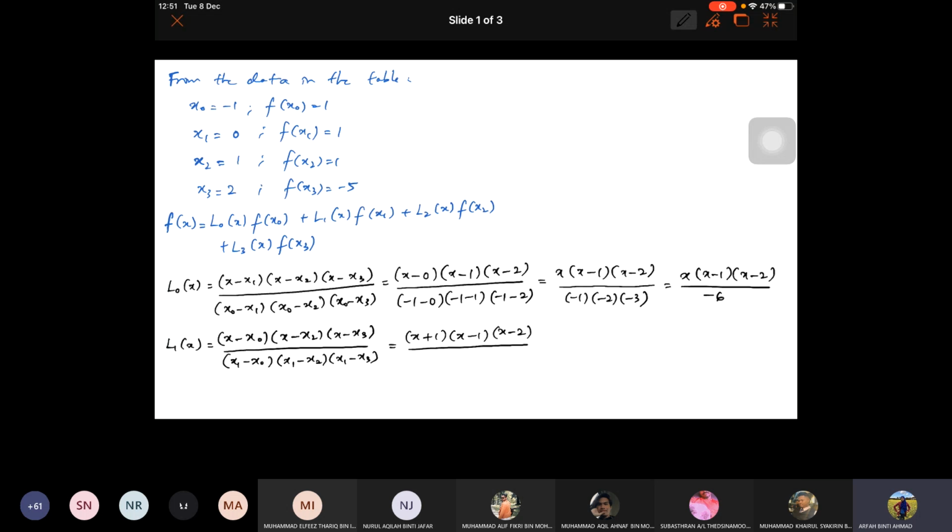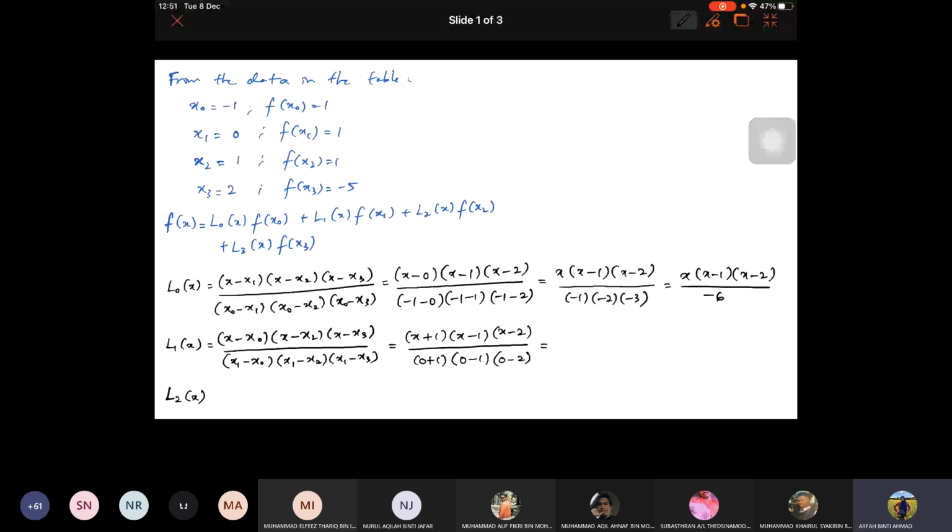X1 is 0 minus 1... jadi 0 plus 1 kan. Then x1 is 0 minus 1 dan x1 is 0 minus 2. So dapat ini untuk L1.